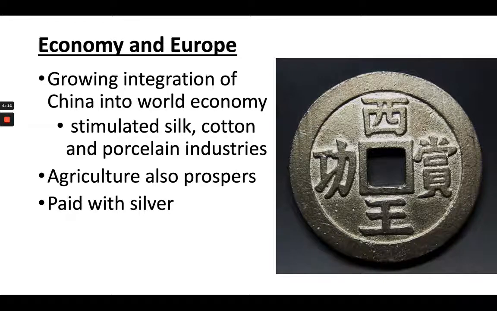And this huge influx will ultimately lead China to substitute silver for land taxes, labor obligations, and other dues. So during this time period, cities in China are culturally and commercially vibrant. The upper and upper middle class is flourishing. You have lots of arts, and you even have the imperial government operating some factories.